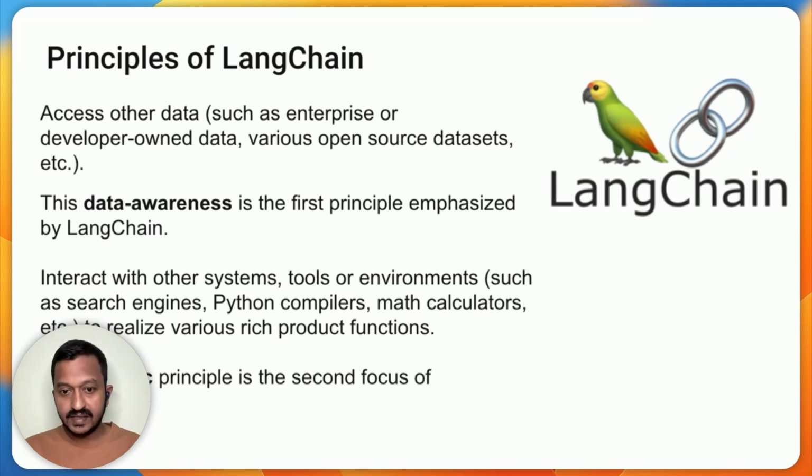So this data awareness is the first principle of LangChain. And then the second principle is to interact with other tools, APIs, tool calling, right? Python compilers, math calculators, for example. So this agentic behavior is the second principle of LangChain. That's why most companies basically use LangChain, right?